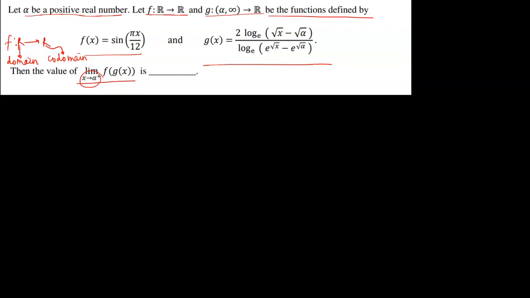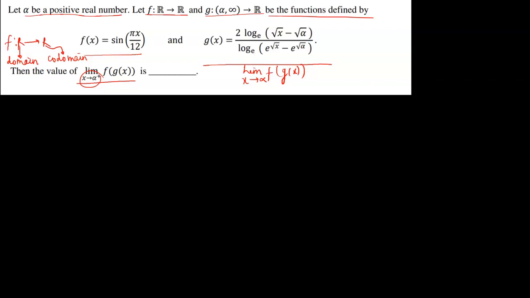Suppose I write the limit as x tends to alpha of f(g(x)). It means the limit exists there, so the composite function f of g will have an existing limit.